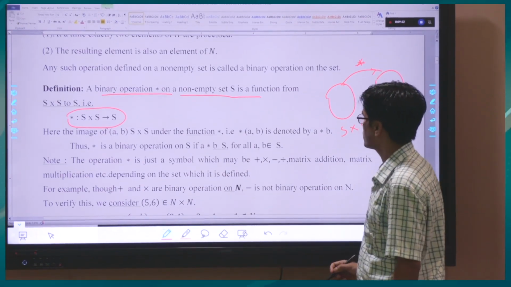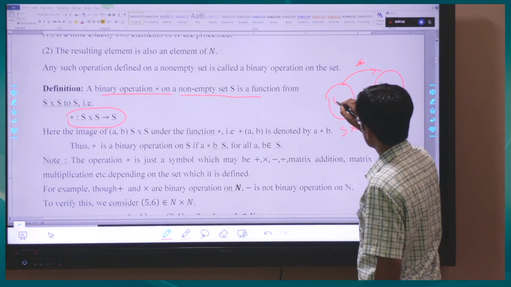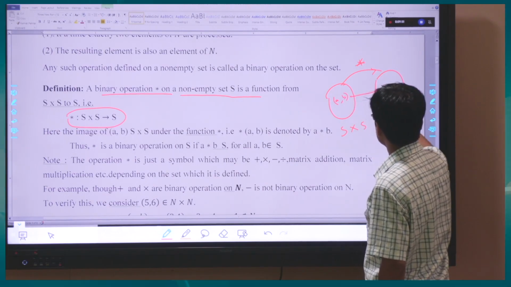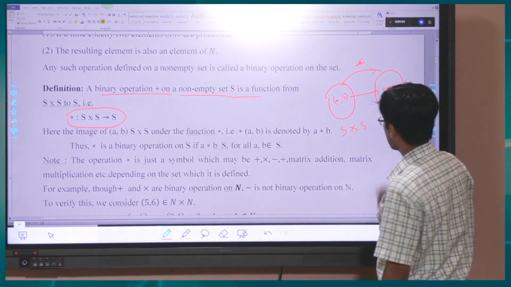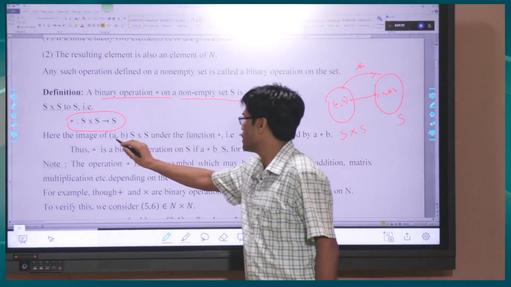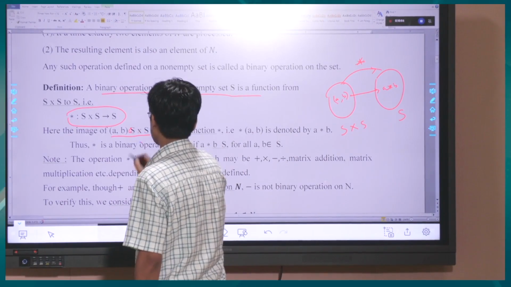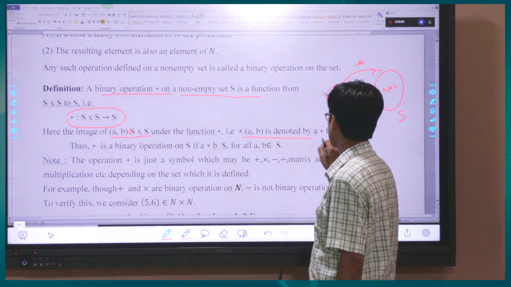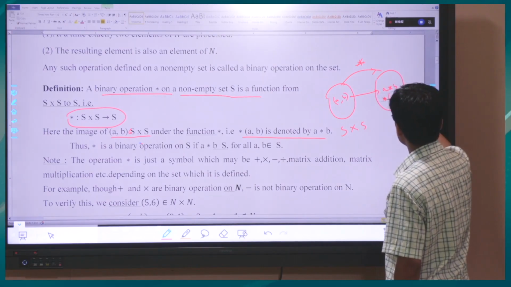So a binary operation is a function from S cross S to S. If we consider any two elements from this set, the result will be a star b, which also belongs to S. So the image of (a, b) in S cross S under the function star is defined as a star b.